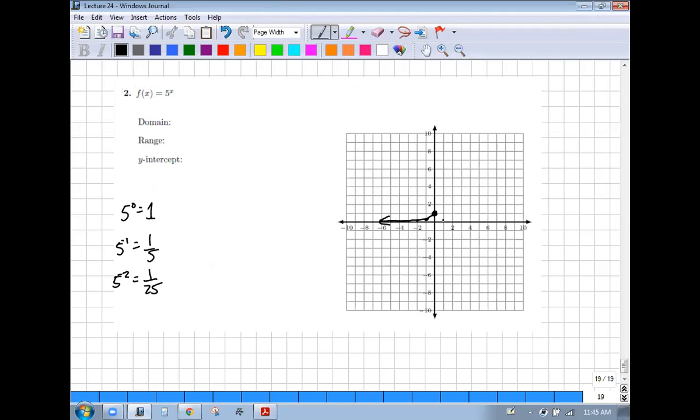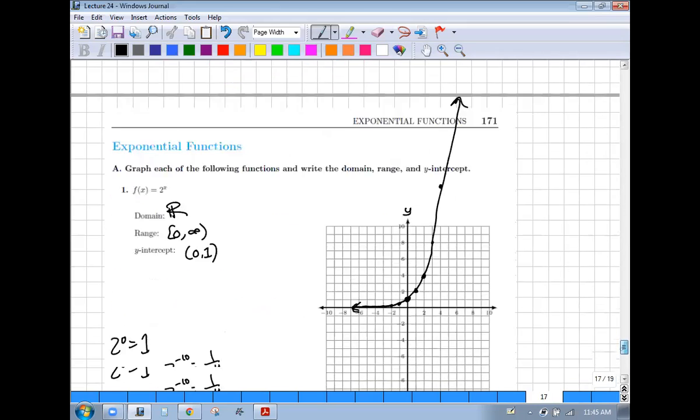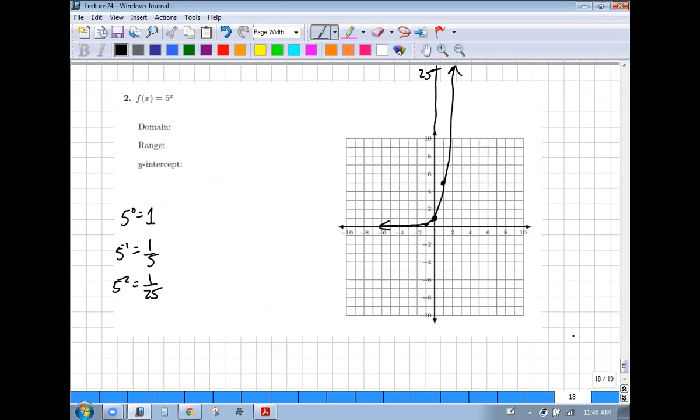5 to the first power is 5. 5 to the second power, we're already up here at 25. So this thing blows up real quick. It looks just like the other one. It just gets bigger faster. Domain, this thing goes infinitely far to the right and to the left, so it's all real numbers.